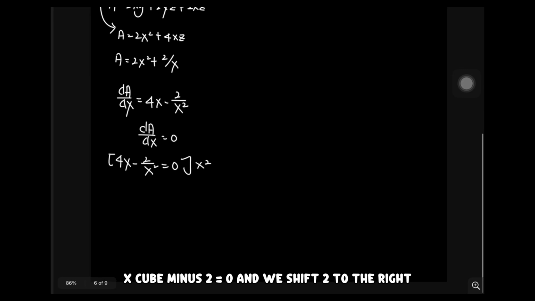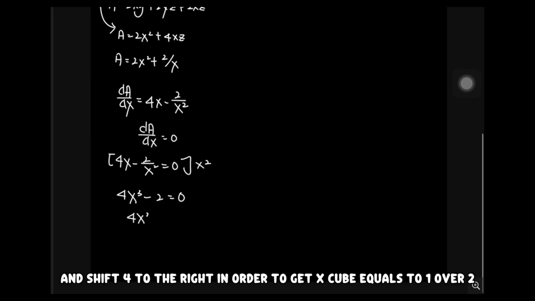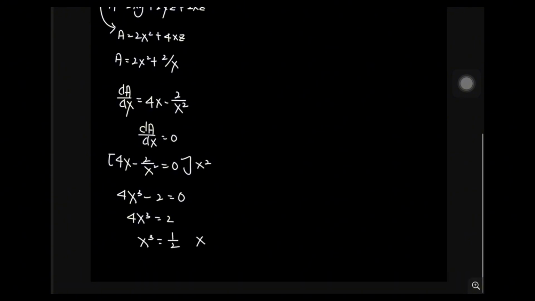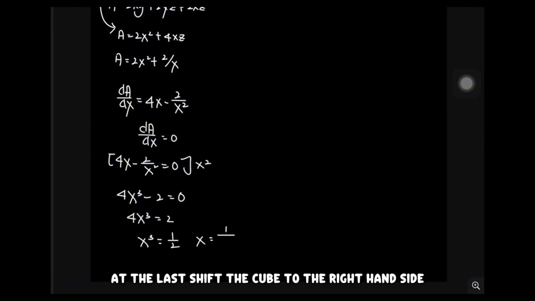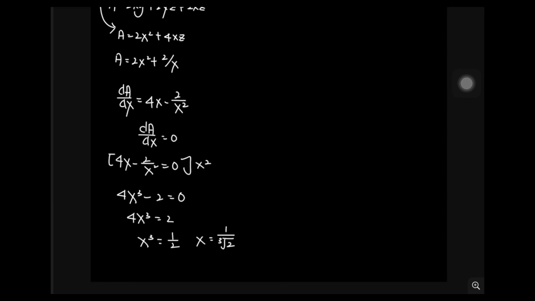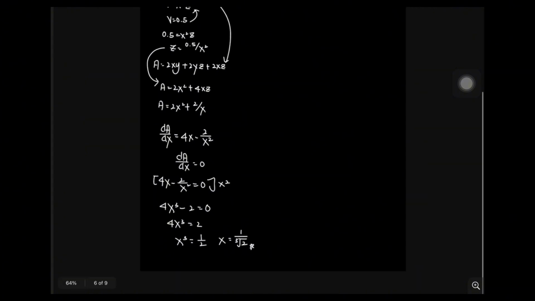So we get 4x cubed minus 2 equals 0, and we shift 2 to the right and shift 4 to the right in order to get x cubed equals 1 over 2. At the last, shift the cube to the right-hand side. So we gain the x value, which is 1 over cube root 2.